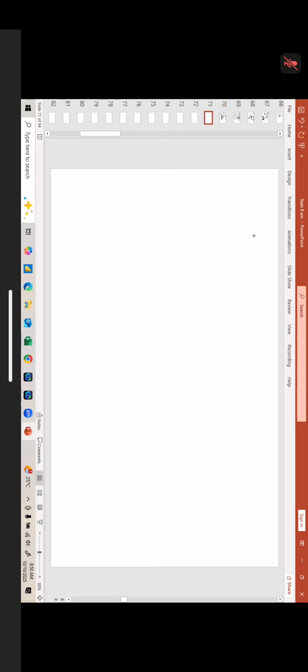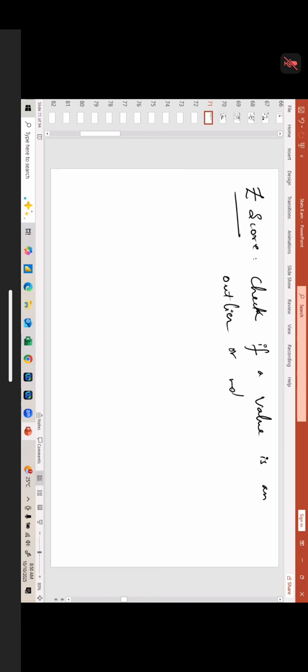Yes. Here we have a small thing, that is Z score. Anyone know what is Z score? No? Z score is used to check if a value is an outlier or not.